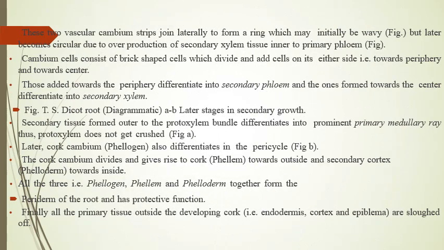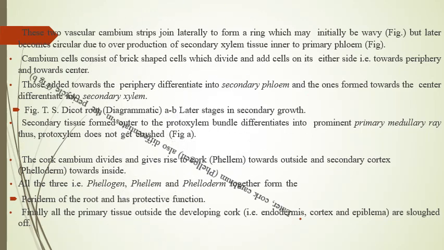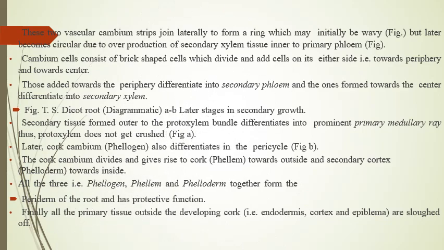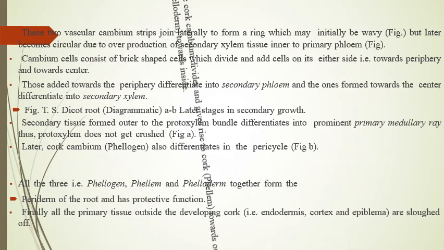In secondary growth, tissues formed outer to the protoxylem bundle differentiate into prominent primary medullary rays. Thus, protoxylem does not get crushed. Later, cork cambium also differentiates in the pericycle.